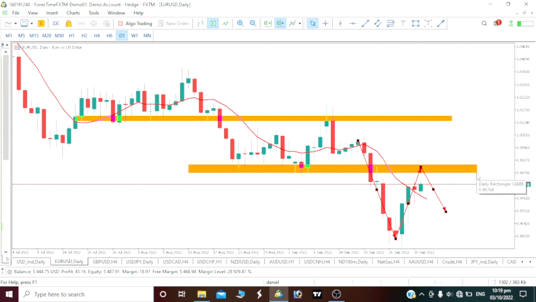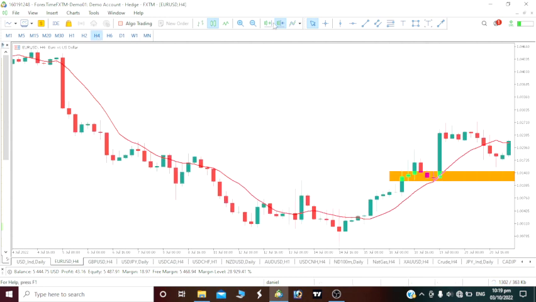That will now take us to our 4-hour time frame. But before that, we see that this price is now above the 10-period moving average. Since it is still above the 10-period moving average, we are still to go long.